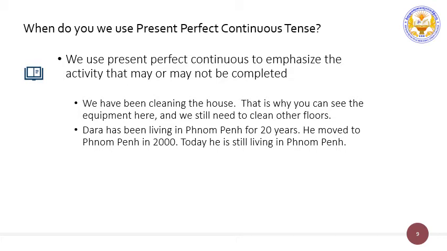If we use present perfect simple tense, we are not sure whether Dara is living in Phnom Penh right now, today, or not, at the moment of speaking. Probably he has experience living in Phnom Penh for 20 years, but he moved somewhere else that we don't know. Maybe he's not in Phnom Penh anymore today.